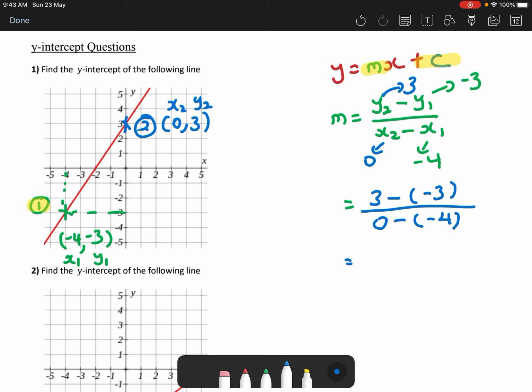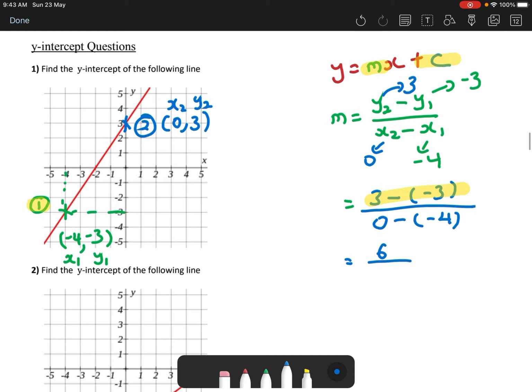The top is what we call the numerator. 3 minus -3 will be 6, and 0 minus -4 will be 4. So of course my gradient will be 1.5. This is how we find the gradient by using the formula y2 minus y1 over x2 minus x1.